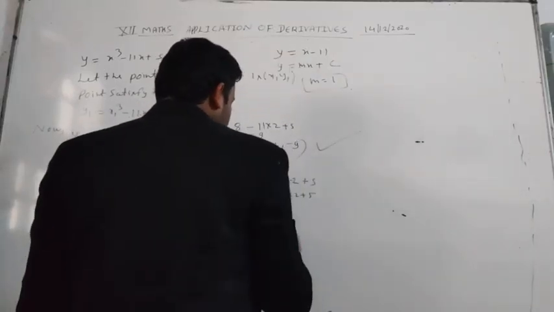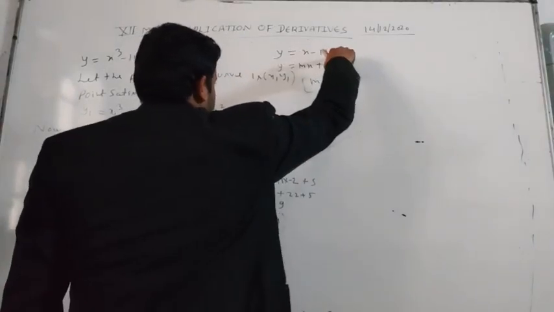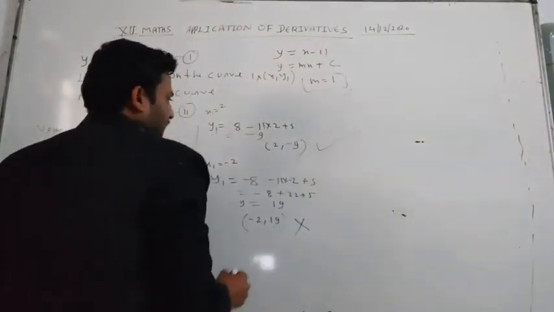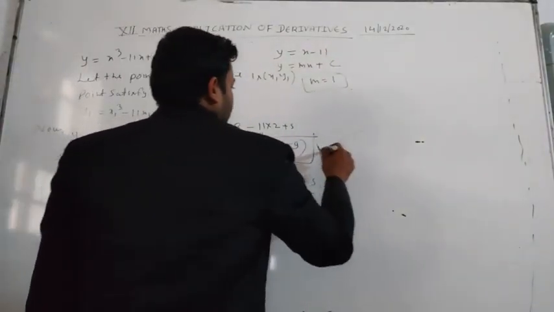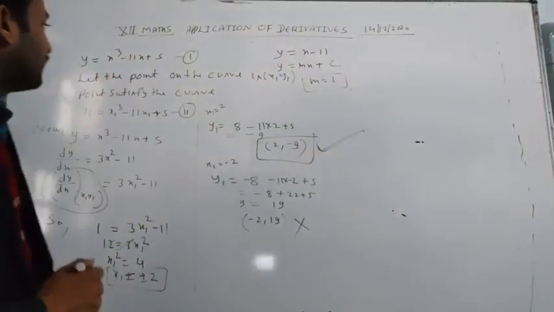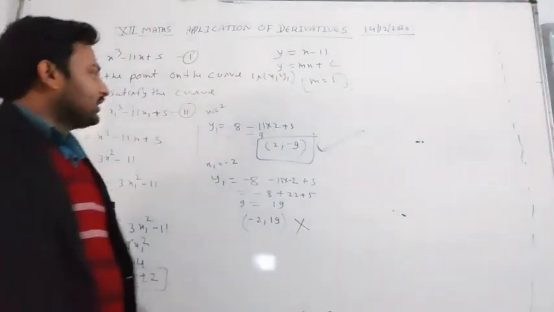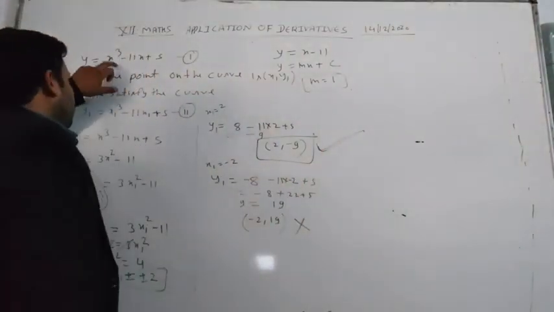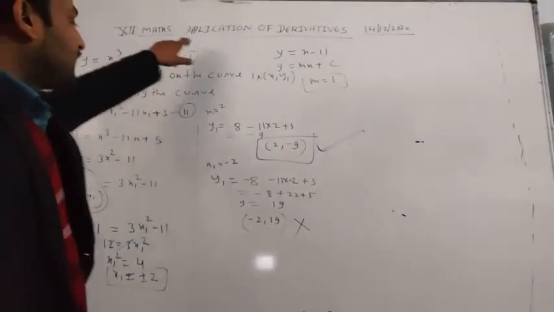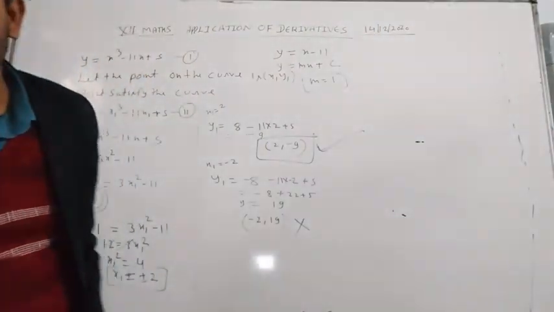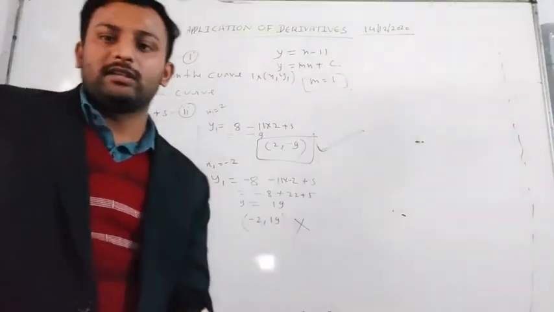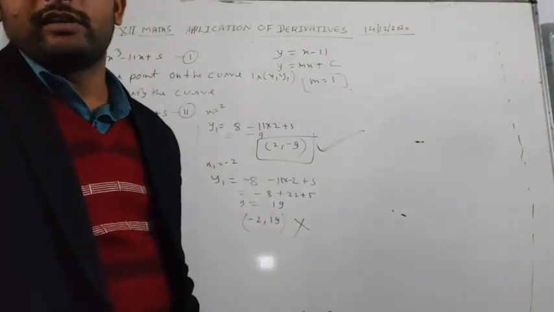But when we put this minus 2 and 11, this does not satisfy. So this is the point on the curve at which the equation of tangent is this. Okay, student, I hope you understand. Okay, now we will see the next question.